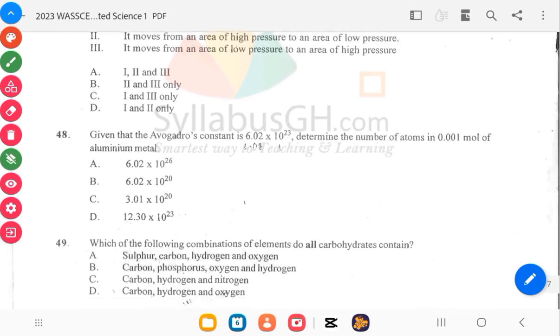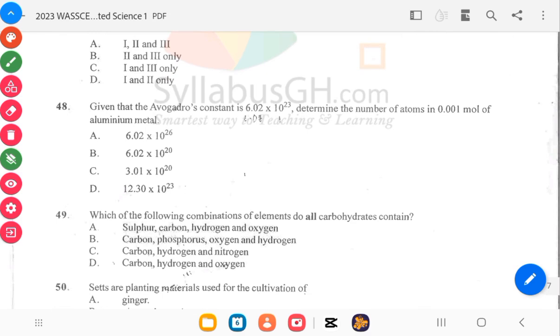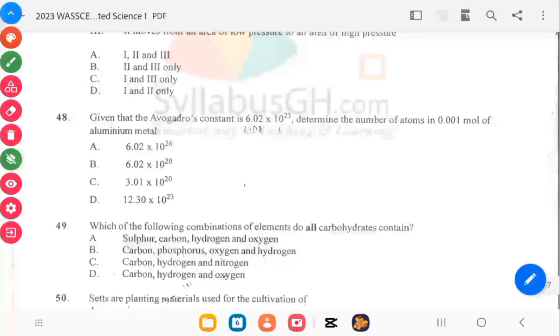Question 48. Given that the Avogadro's constant is 6.02 times 10 exponent 23, determine the number of atoms in 0.01 mole of aluminum metal. So we're looking for the number of atoms, capital N, which equals amount of substance times Avogadro's constant.